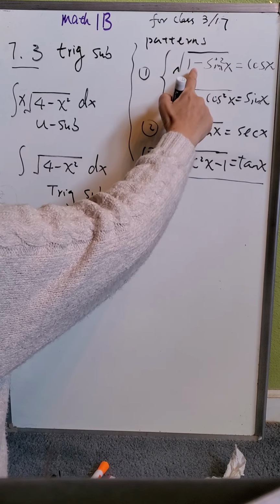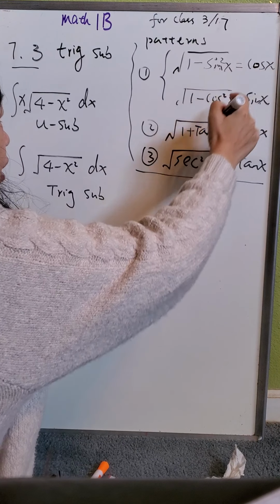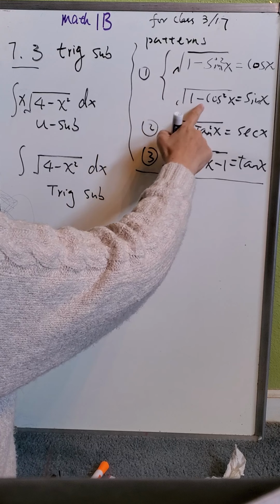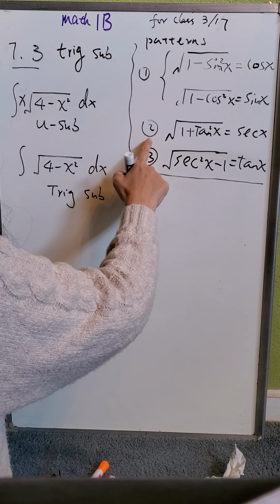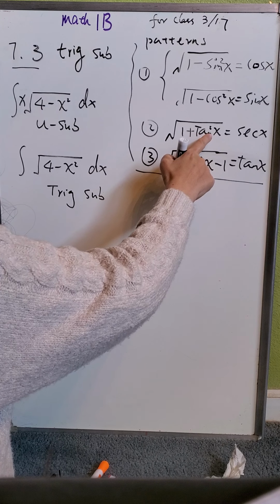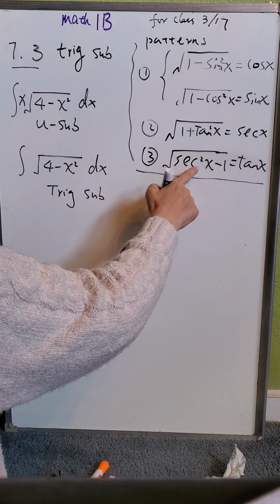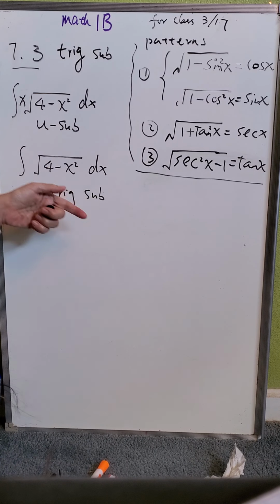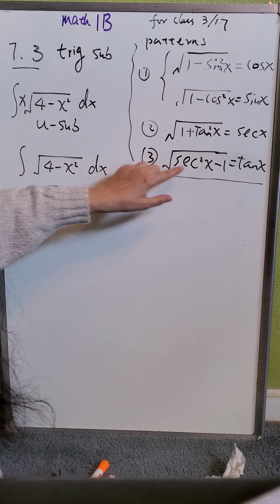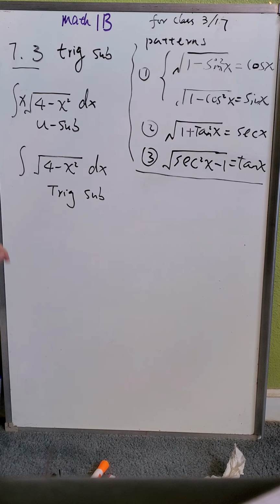First: 1 minus sine squared x equals cosine squared x, and 1 minus cosine squared x equals sine squared x. The second pattern is 1 plus tangent squared x equals secant squared x. The third is secant squared x minus 1 equals tangent squared x. So our trigonometric substitution will require these three patterns.